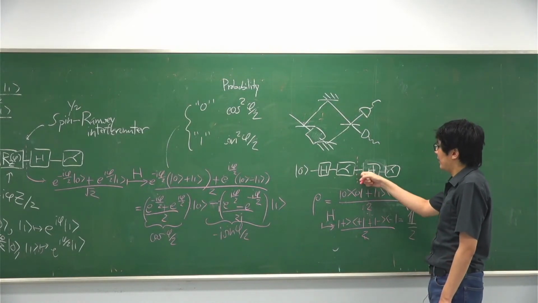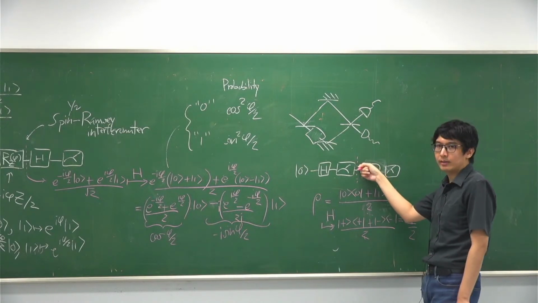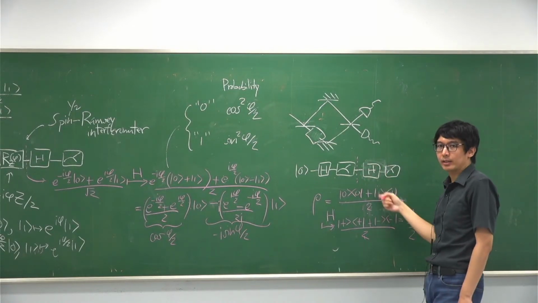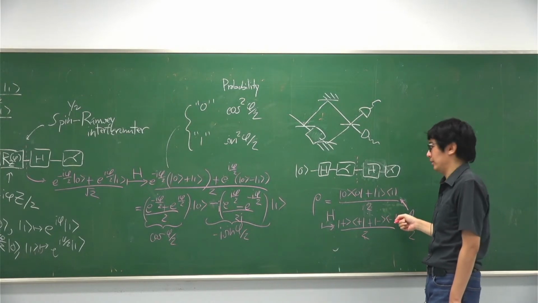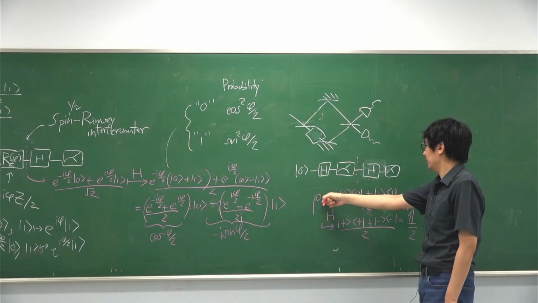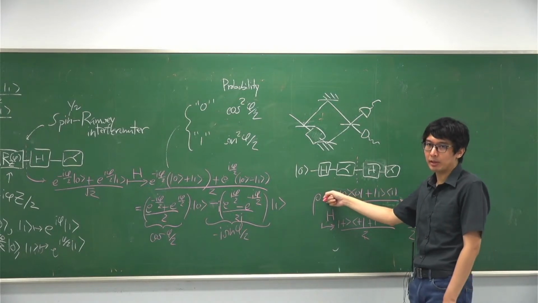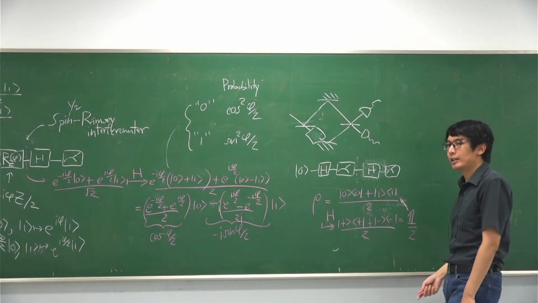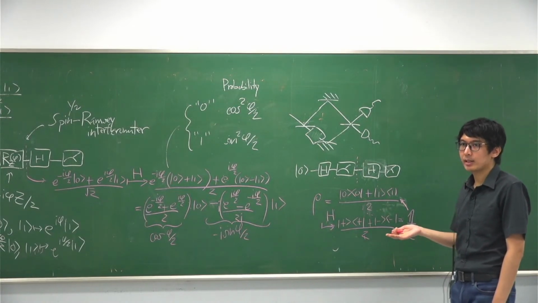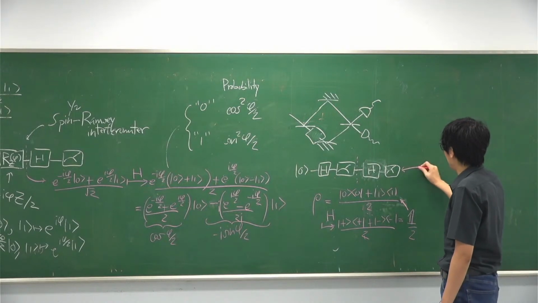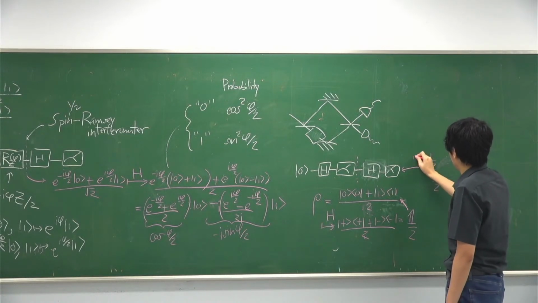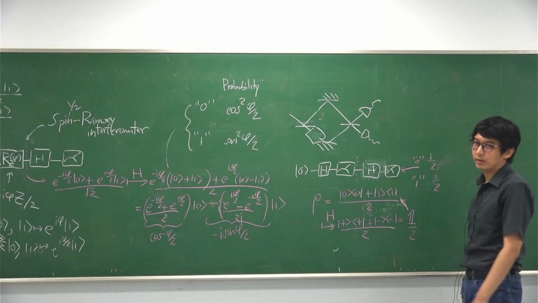And in fact, if I put a Z rotation at this point, it will not affect this state at all, because this density matrix rho is already the maximally mixed state. So any relative phase that you introduce here will be lost, and the measurement outcome would just be 1/2 for the result 0 and 1.